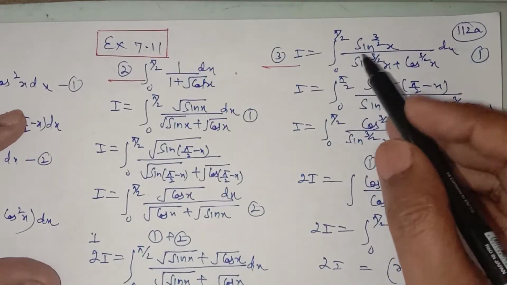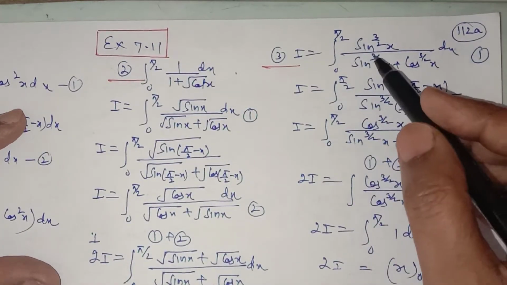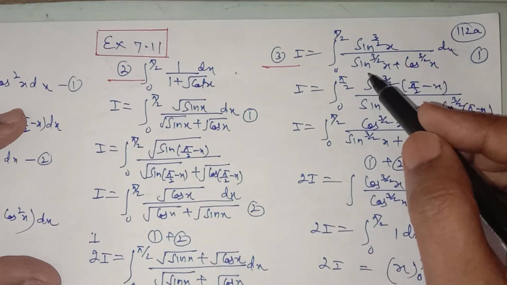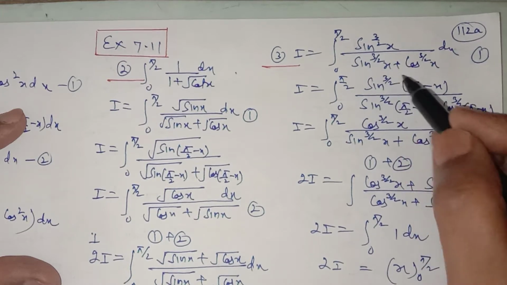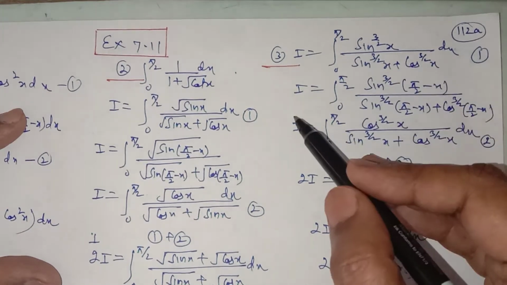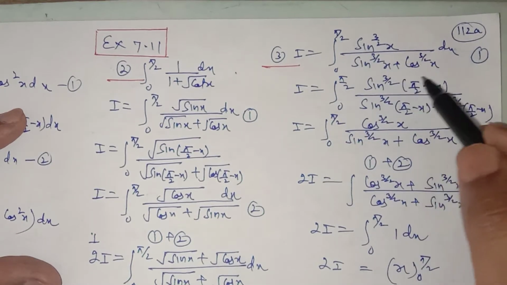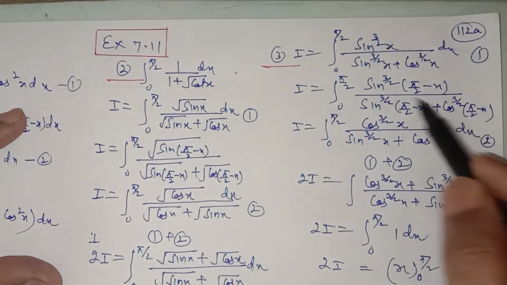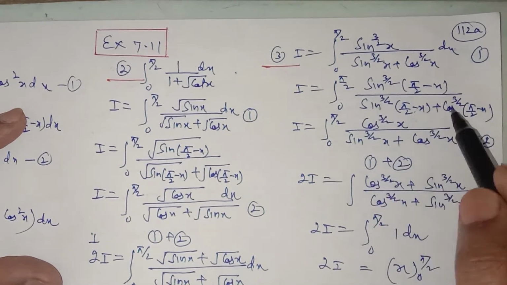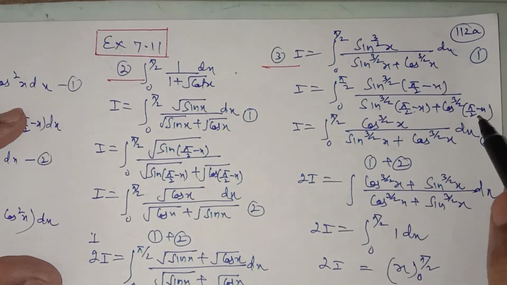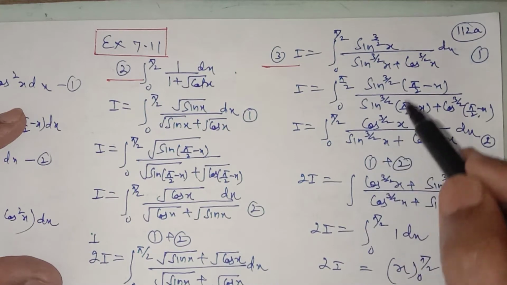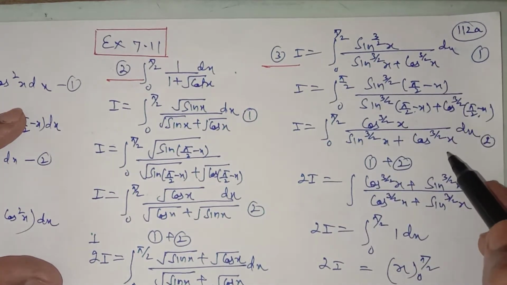Same method is there. I is equal to the integral from 0 to pi by 2 of sin raised to power 3 by 2 x upon sin 3 by 2 x plus cos 3 by 2 x. So in place of x use pi by 2 minus x. See it here, it becomes cos: cos of 90 minus x is sin x, and sin of 90 minus x is cos x.